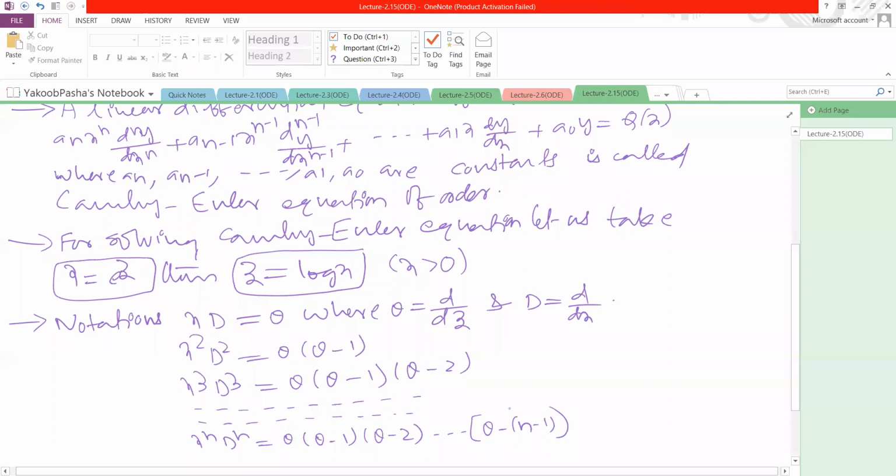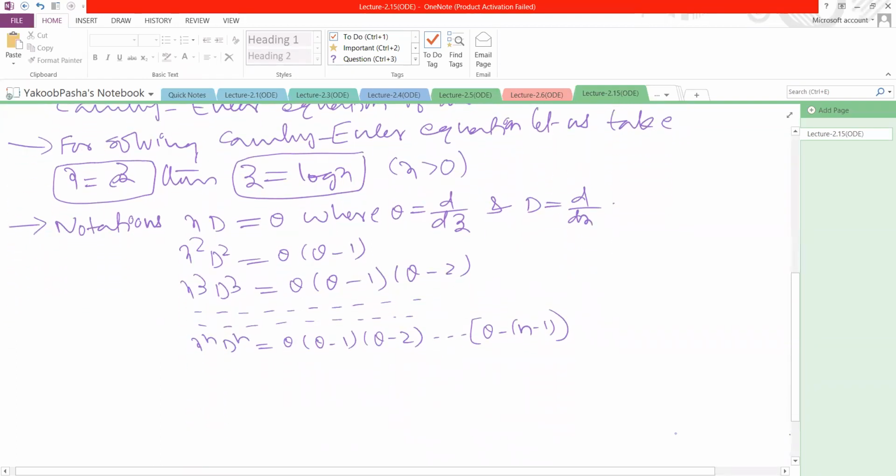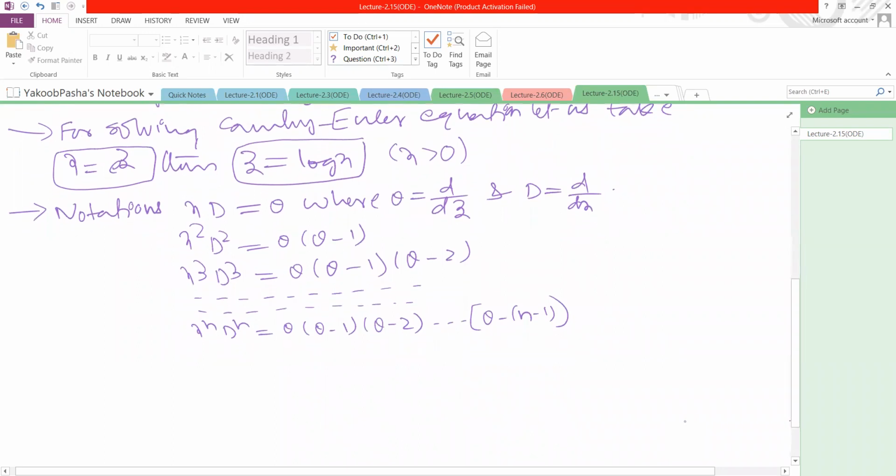Okay. Now, we can substitute in the given equation these values: x equal to e power z, z equal to log x, and xD equal to theta, x square D square equal to theta into theta minus 1, and so on. Substitute all these notations in the given equation. Now we can convert this equation into a linear differential equation with constant coefficients.